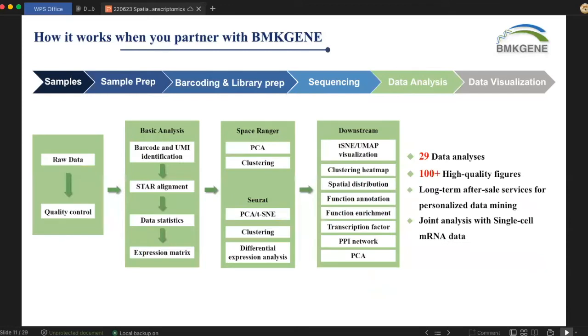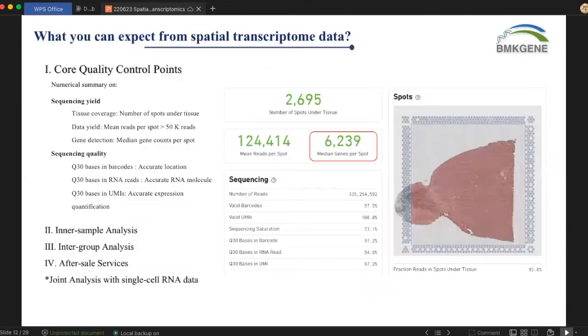In the data analysis part, we have an integrated workflow from raw data all the way down to biological function annotation and enrichment. Here I would like to show you what you can expect from the spatial transcriptome data analysis.